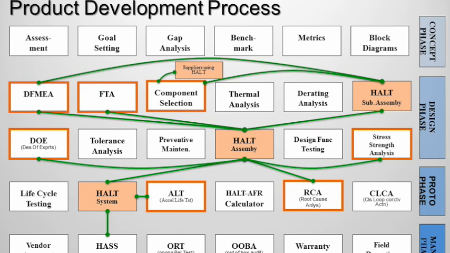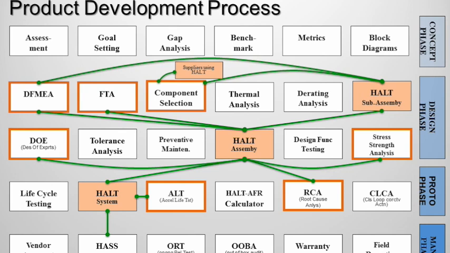There's fault tree analysis, and you have component selection. Your suppliers are an extension of your engineering team. And the practices that your team does with HALT should be pushed down to the suppliers. They should be doing the same practices because with a lot of modern day development programs, the suppliers actually contribute a significant amount of new technology.